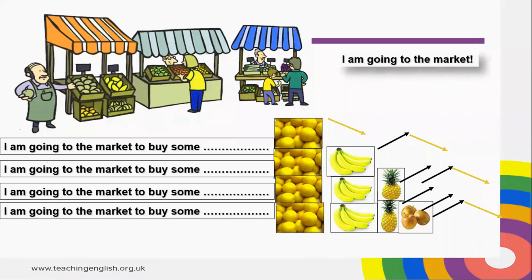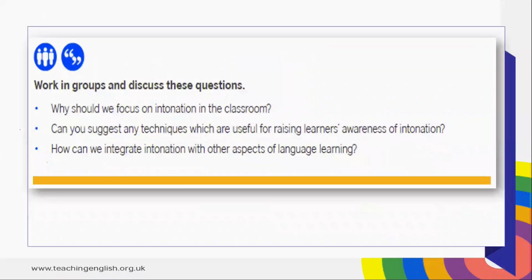Strength and weakness. We're supposed to discuss those questions, but we have detailed description for them. The first one is, why should we focus on intonation in the classroom? Because intonation gives us impression if it is a sentence or a question. Yes. If I tell someone, you are from America, you are from America, it gives a different meaning. Yes, thank you. A nice example, by the way.